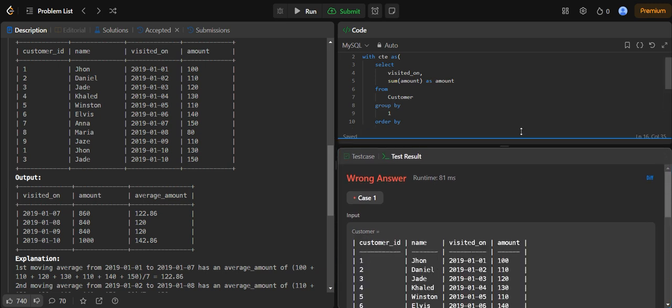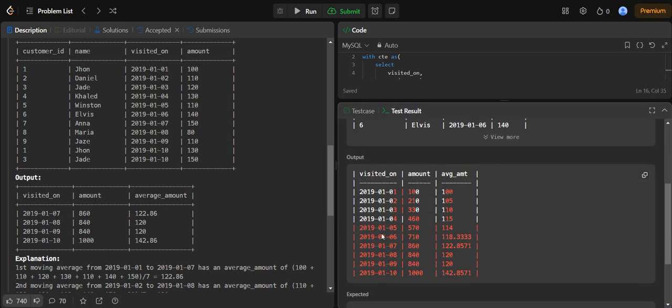This is a wrong answer, but let us look at my output here. I need to show 2019-01-07, 860, 122.86. When I round it off, it will become 122.86. But see, the result is accurate now.